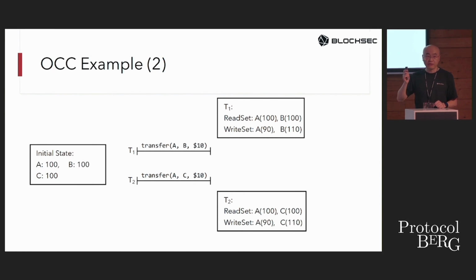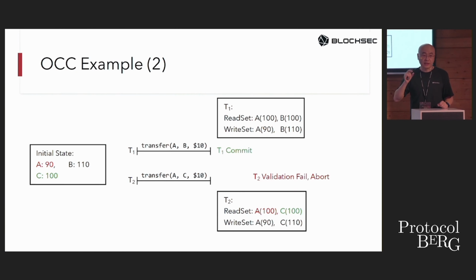But if we have these two transactions, for transaction T1 the validation can still succeed, because T1 does not have a state dependency. But for transaction T2, the validation cannot pass. That's because the read set of account A has a state dependency with transaction T1, right?